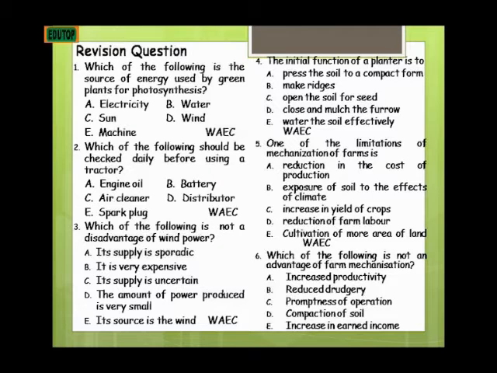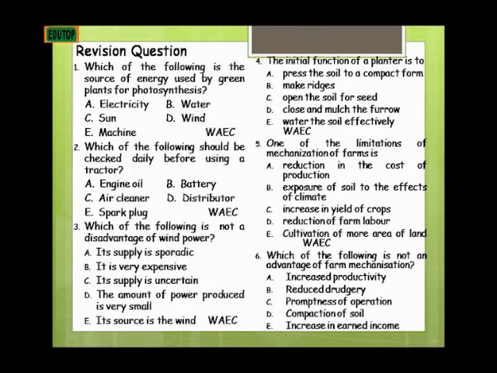Then the fifth question says that one of the following is a limitation of mechanization of the farm. We are talking about limitation here. A. Reduction in the cost of production. B. Exposure of soil to the effects of climate. C. Increase in yield of crops.